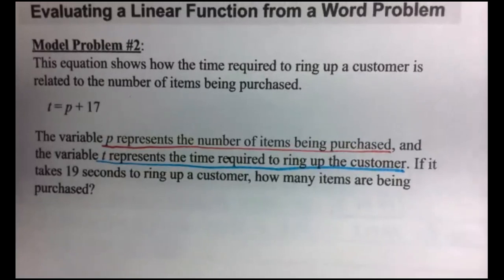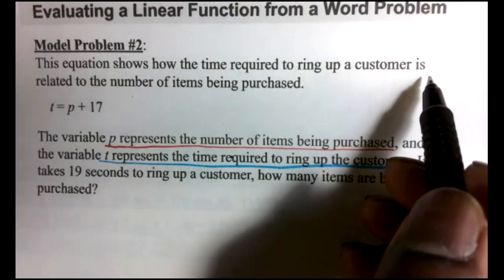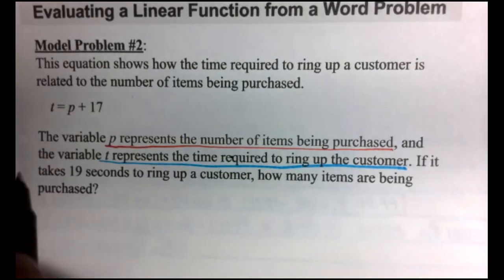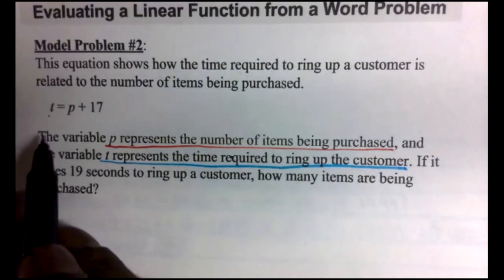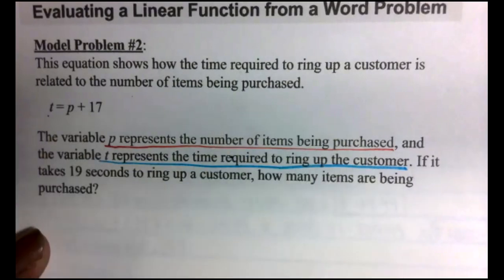Here on example 2, we have: this equation shows the time required to ring up a customer is related to the number of items purchased. So time, which is T, is equal to the number of items purchased plus 17.